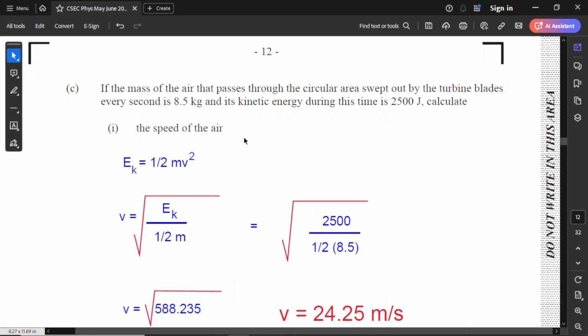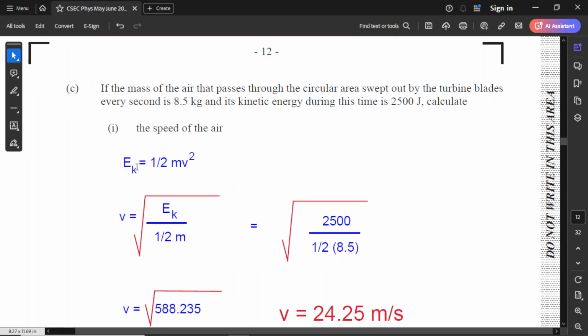All right, part C is that if the mass of the air that passes through the circular area swept out by the turbine blades every second is 8.5 kg, and its kinetic energy during this time is 2,500 joules. Calculate 1, the speed of the air.